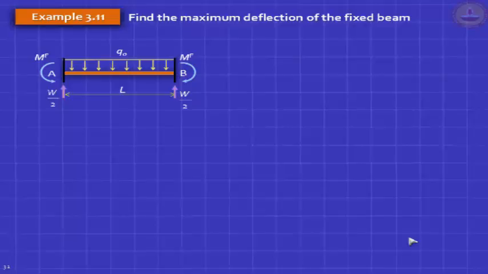Draw your simply supported beam with the same loading. You get a parabola with a maximum value of Q0 L squared by 8. So what will be MF? I want an answer. It will be the area of, you fill in the blanks. Let me have the answer quickly.